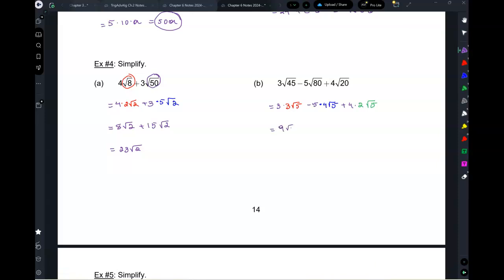So this is 9 root 5 minus 20 root 5 plus 8 root 5. So that is negative 3 root 5. So suppose you do this and you end with something like 9 root 5 minus 2 root 2 plus 3 root 5. Just combine the like terms. So just combine this one and this one, minus 2 root 2. That's it. Okay?